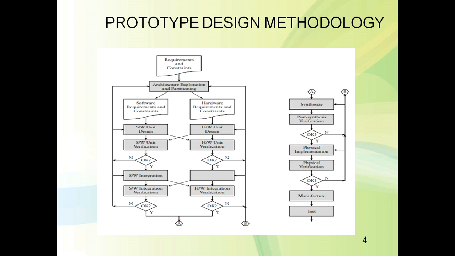This is one way of the functional design methodology. Every design methodology is divided into three parts: functional design, then synthesis, and then physical implementation. There are three main steps in the design methodology.